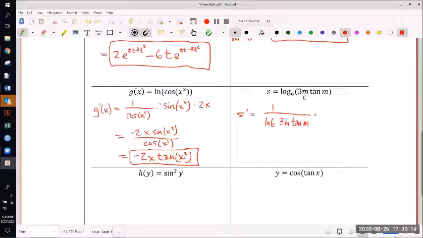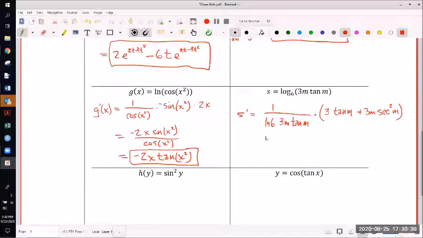Then I'm going to multiply by the derivative of the inside. On the inside here, I actually have a product, so I have to use the product rule. So I'm going to take the derivative of the first, 3, times the second, tangent m, and I'm going to add the first, 3m, times the derivative of the second, which is secant squared m.